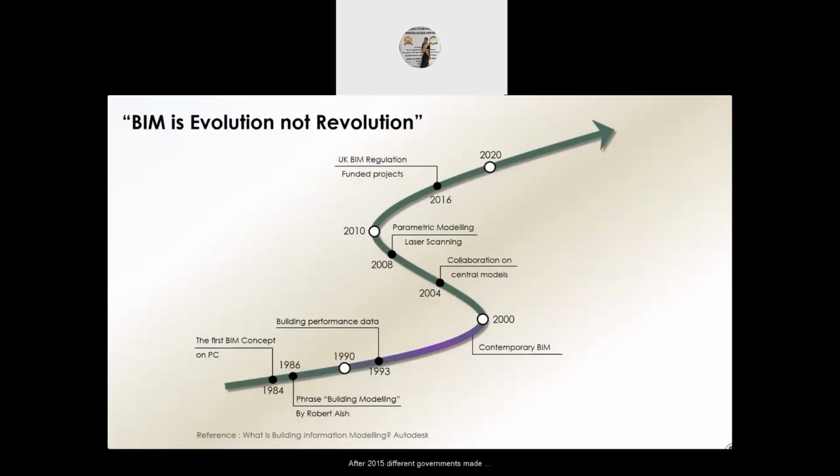After 2015, different governments made amendments to the existing construction regulations to improve the incorporation of the BIM process. For example, in 2016, use of the BIM process in funded projects became mandatory in the UK. In 2020, Germany made it compulsory for transportation projects to use the BIM process.